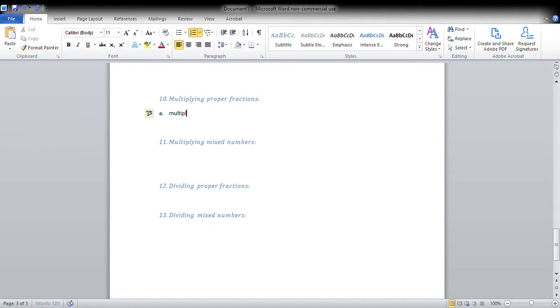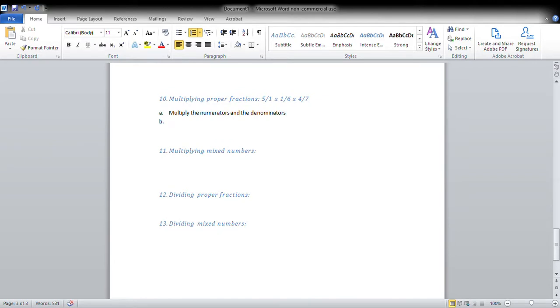Multiply the numerators and the denominators. And what we're given is 5 over 1 times 1 over 6 times 4 over 7. So our first step is to multiply the numerators and the denominators.